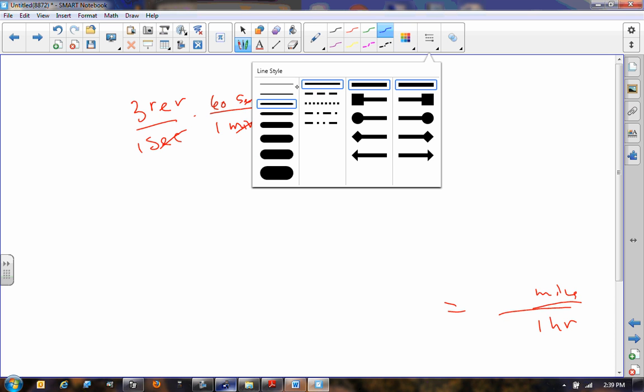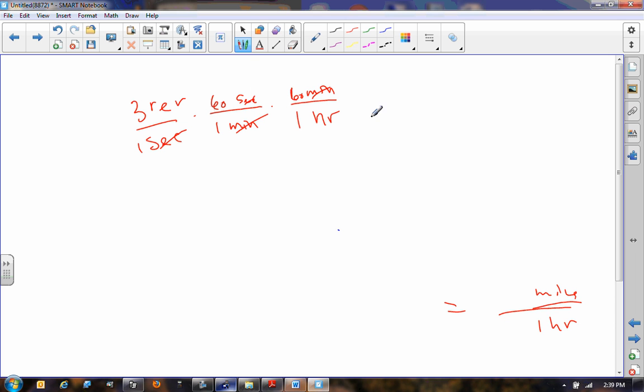Well, I've got to change revolutions to, I can go to inches. 1 revolution, we just said, is 30 pi inches. I can go from inches to feet. 1 foot is 12 inches.